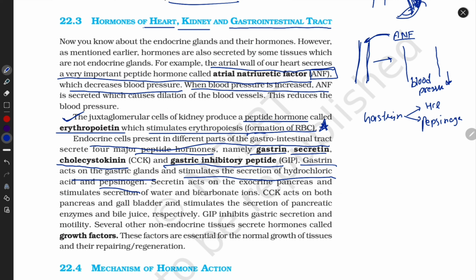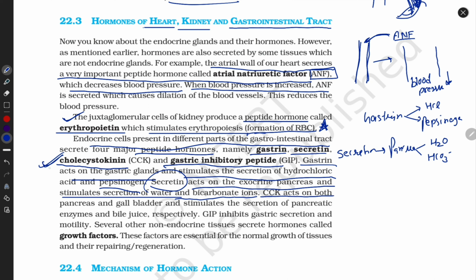Next, we will talk about secretin. It acts on the exocrine pancreas and stimulates secretion of water and bicarbonate ion. Means secretin works on the pancreas for secretion of what? H2O and bicarbonate.